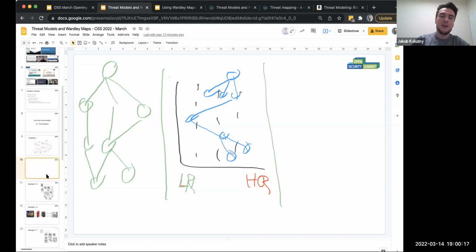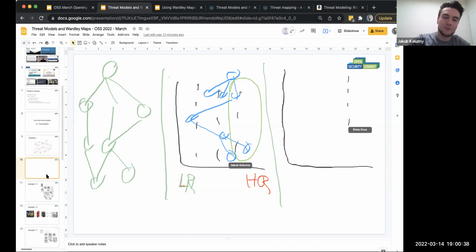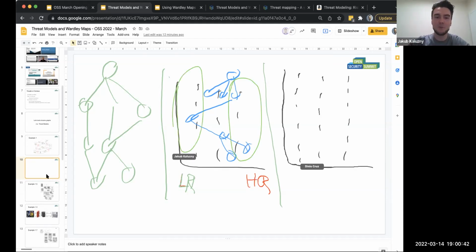So if you suggest that low risk or high risk will be on the left or the right, it means that the very same systems that we believe are critical and worth investigating, worth modeling the threats and applying mitigations, will land either here or here, which very much limits the way we're thinking about the x-axis.